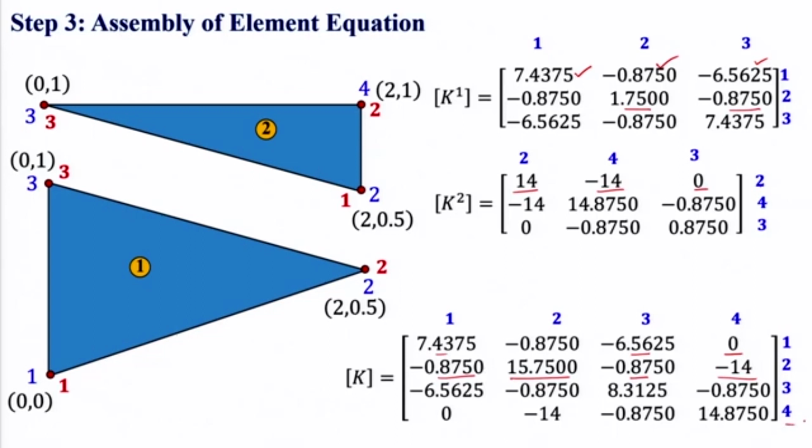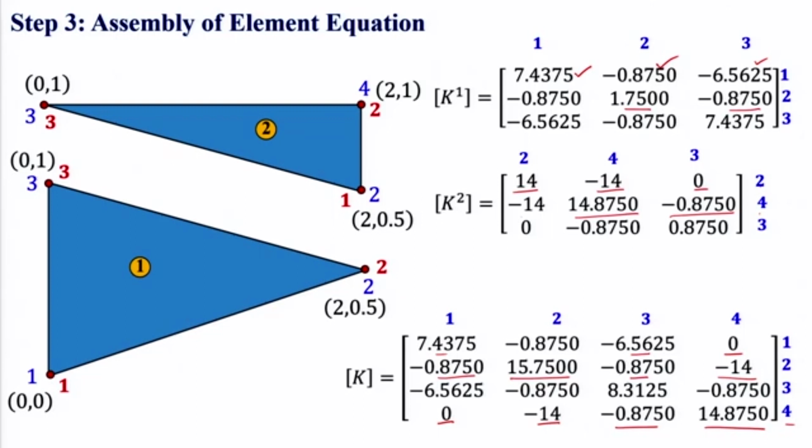Similarly, let's take the last row, row 4. 4 1 is 0. 4 2 will be minus 14, 4 3 will be minus 0.8750, and 4 4 will be 14.8750.